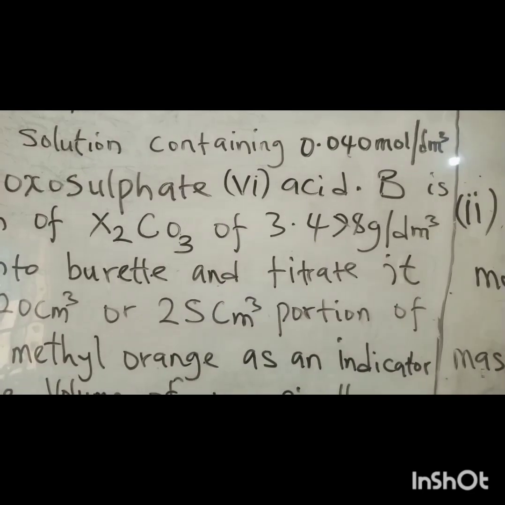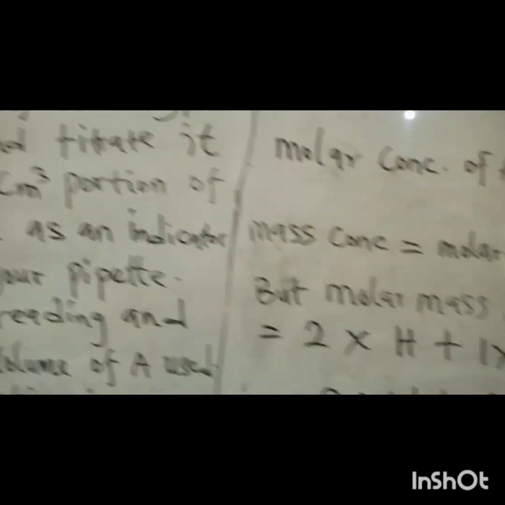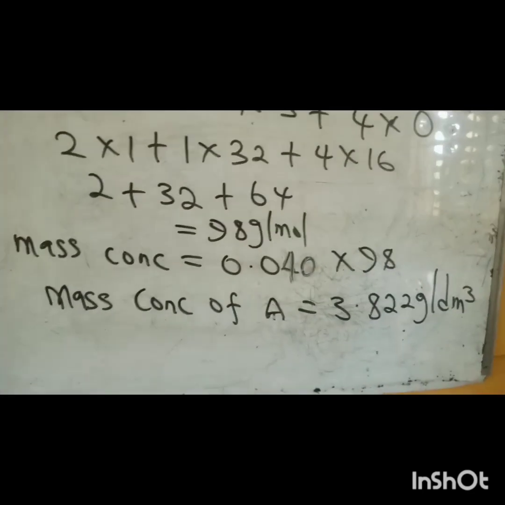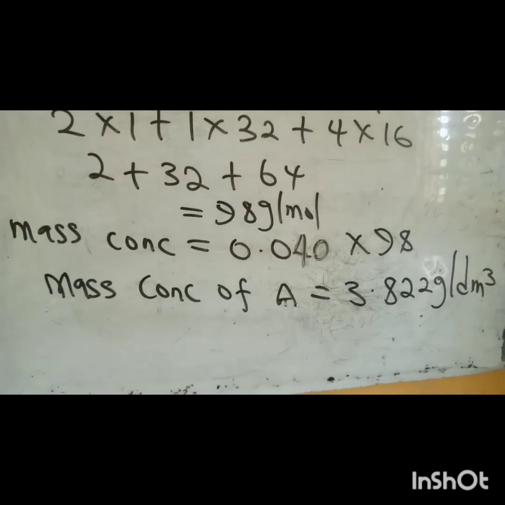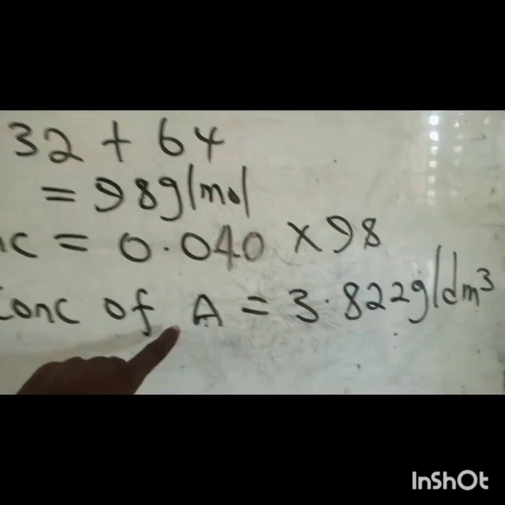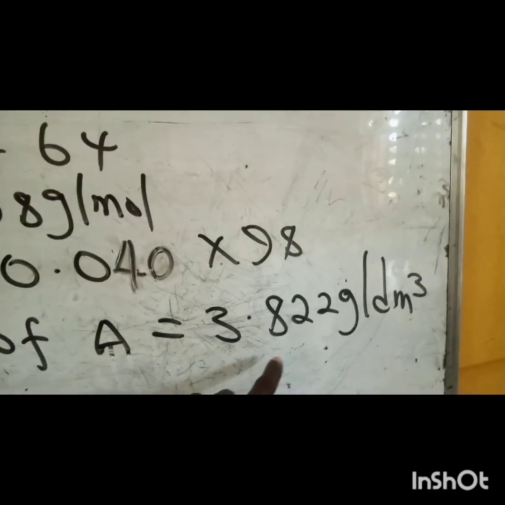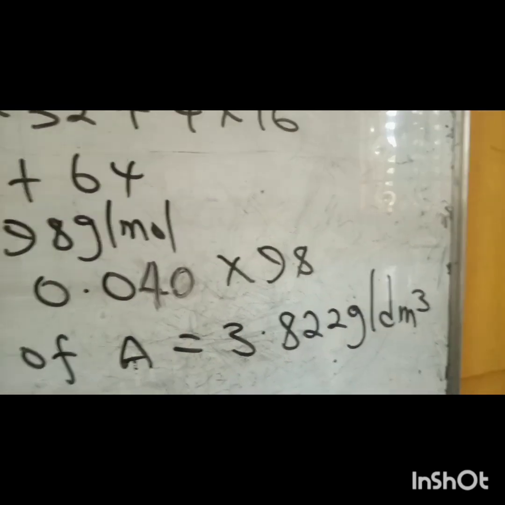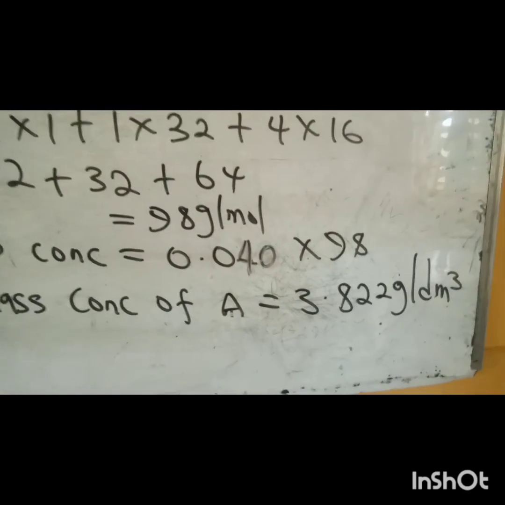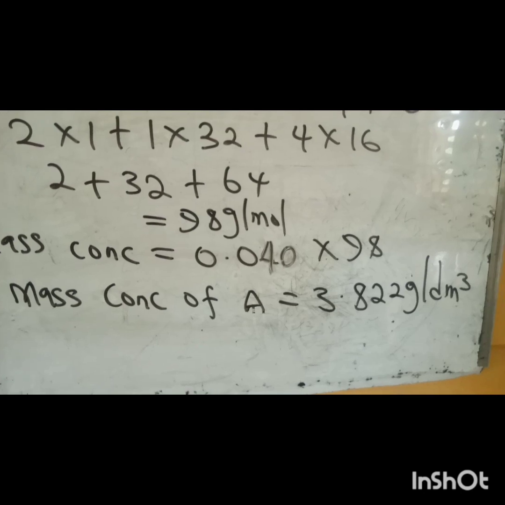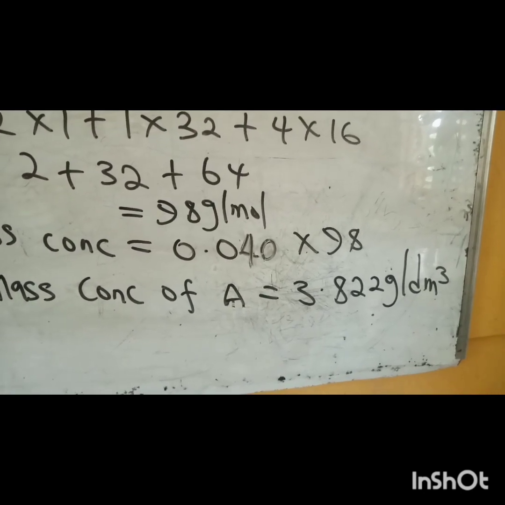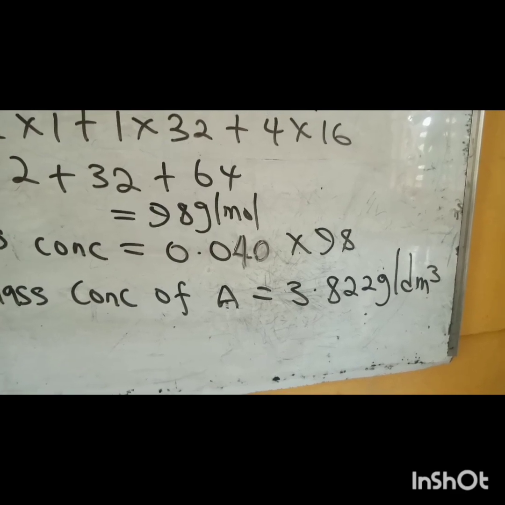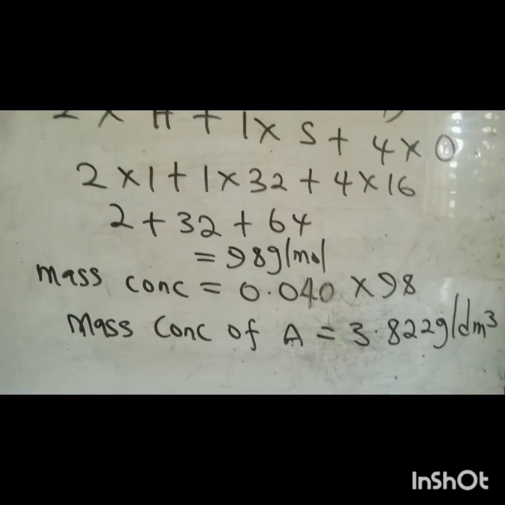Remember, all we are doing is for the acid, not the base. When you multiply that by the molar mass, the final answer is 3.822 grams per dm³. Remember, mass concentration is given in grams per dm³. So at the end, we have our concentration as 3.822 grams per dm³.